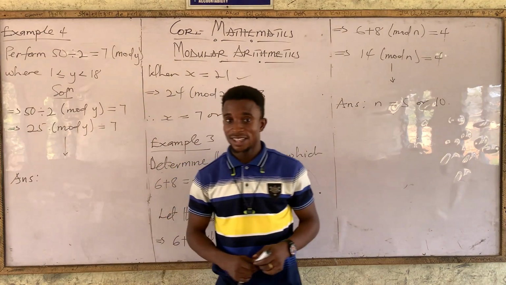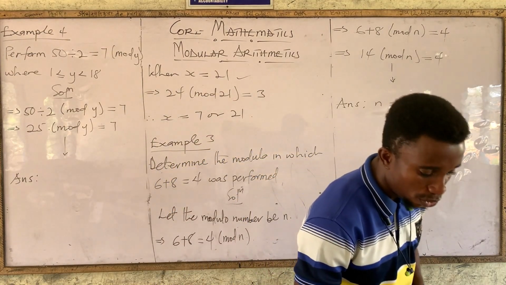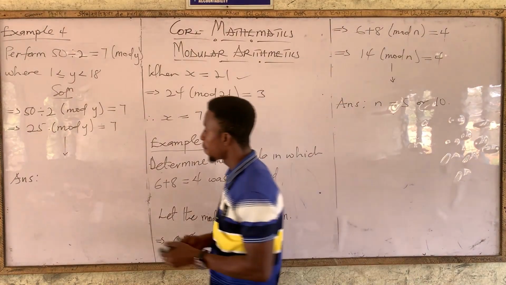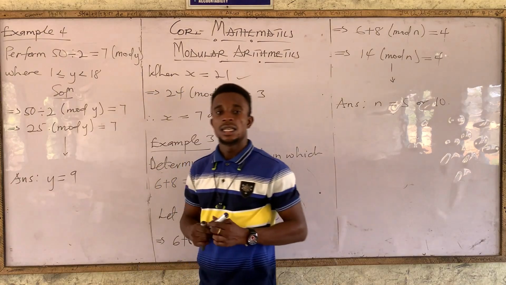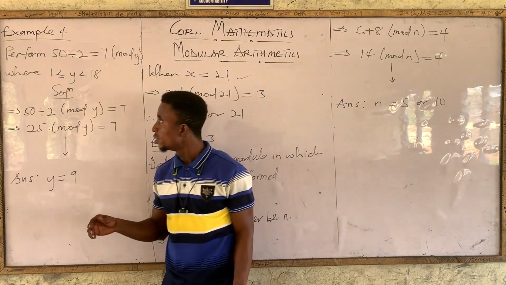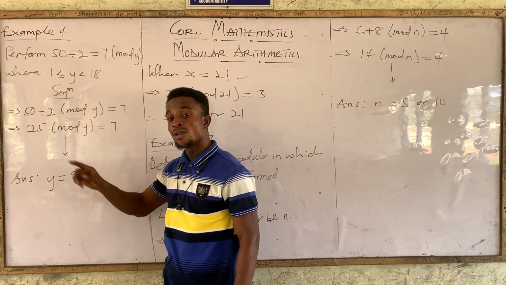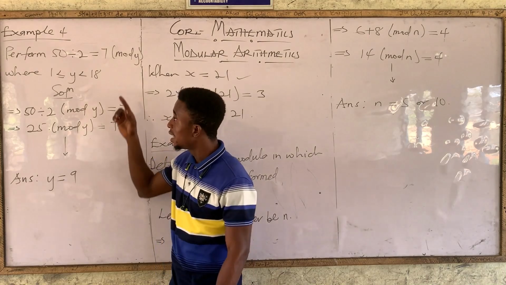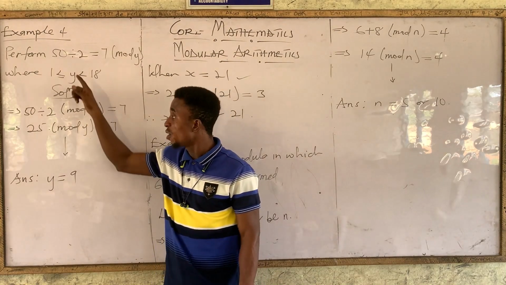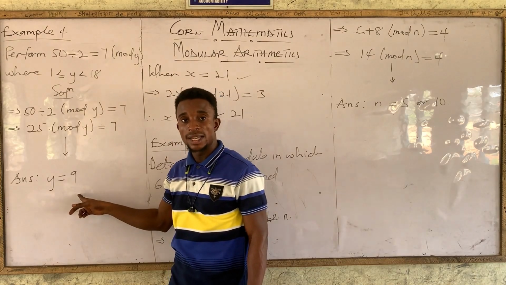It's not everything I'm supposed to solve with you. Are you getting that? So you should be able to get an answer: y is equal to 9. If you solve and you get 18 to be part, I know definitely somebody will get 18 to be part. Because of the condition given, you are not supposed to include the 18. Are we getting that?